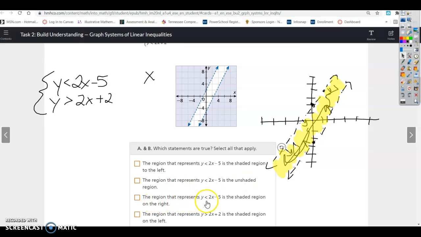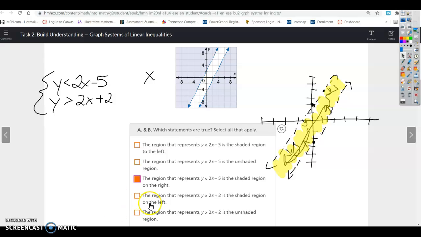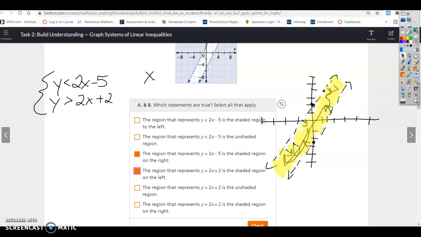No, the region that represents that is shaded to the right. Okay, so this is to the right, so that one is true, hopefully. Let's see, and the region that represents y greater than 2x plus 2 is shaded on the left. Okay, that is true as well. And unshaded region, shaded to the right, no.